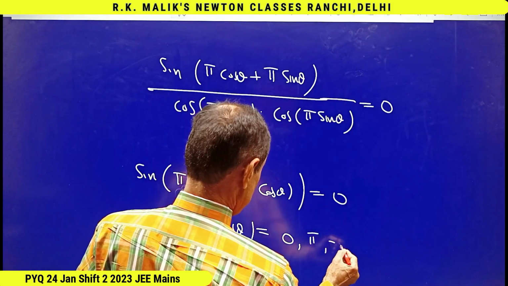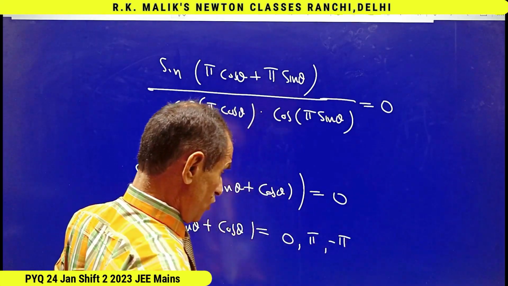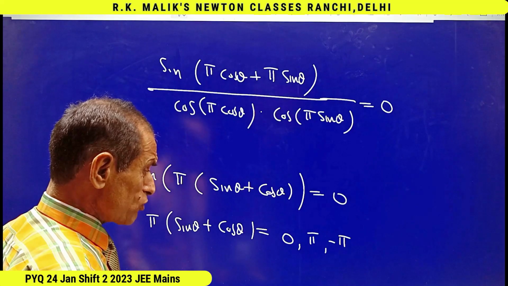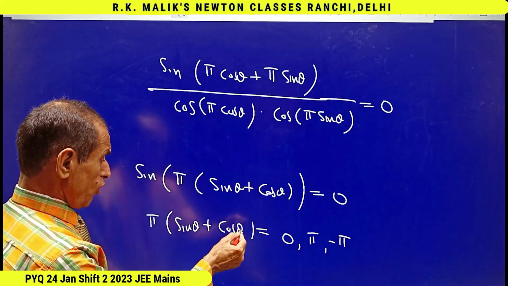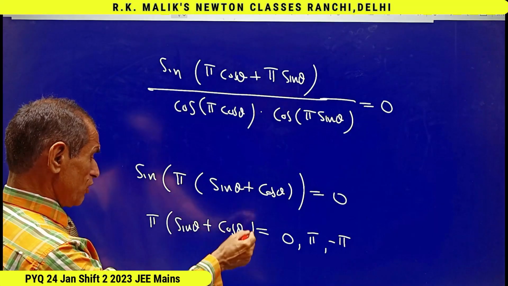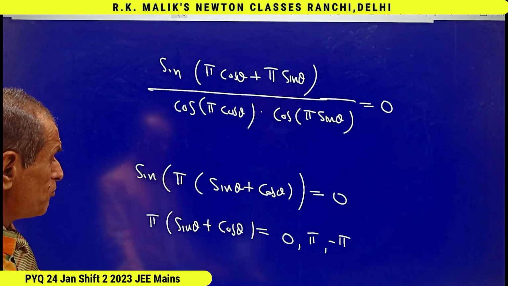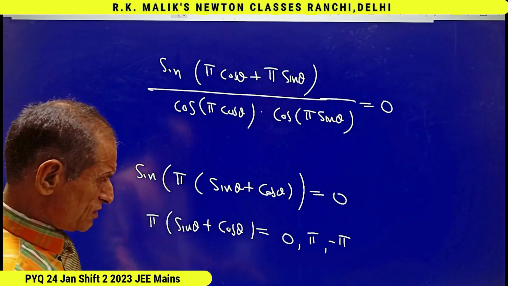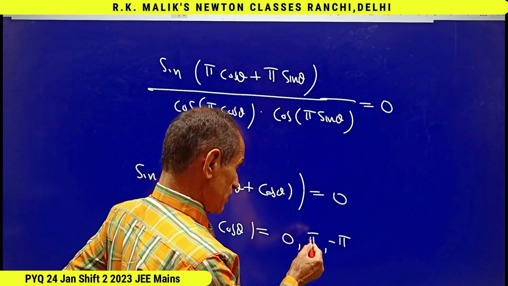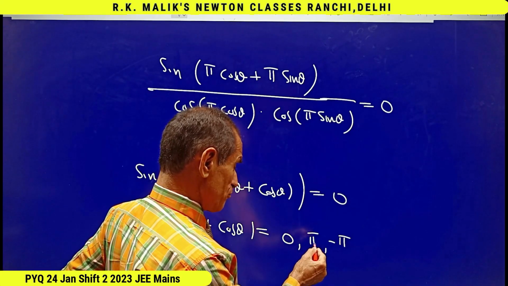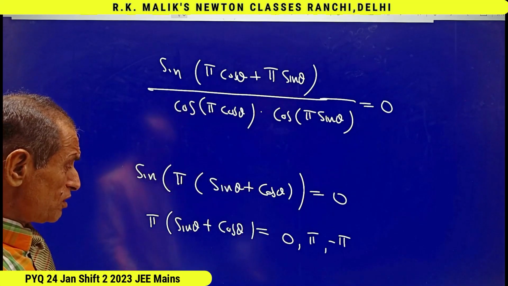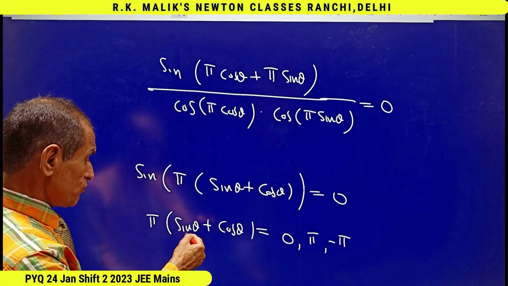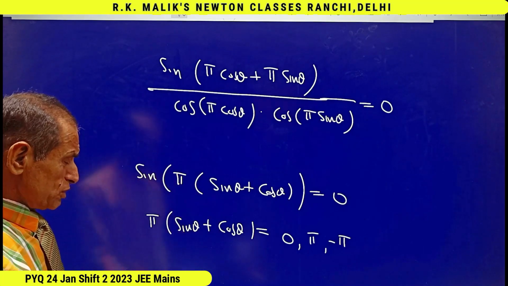pi, or minus pi only. More values are not possible because we know that the maximum value of sin theta plus cos theta is root 2. Hence the value of pi times it cannot be more than root 2 pi. So equal to 0 and equal to pi are possible, but equal to 2 pi is not possible because in that case sin theta plus cos theta would become 2, which is not possible.